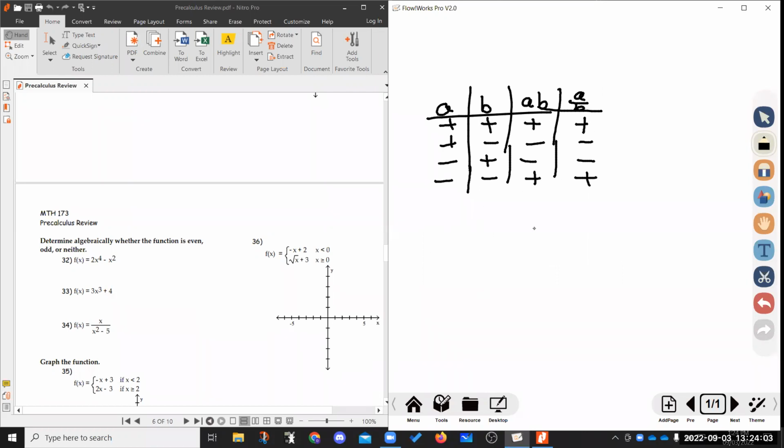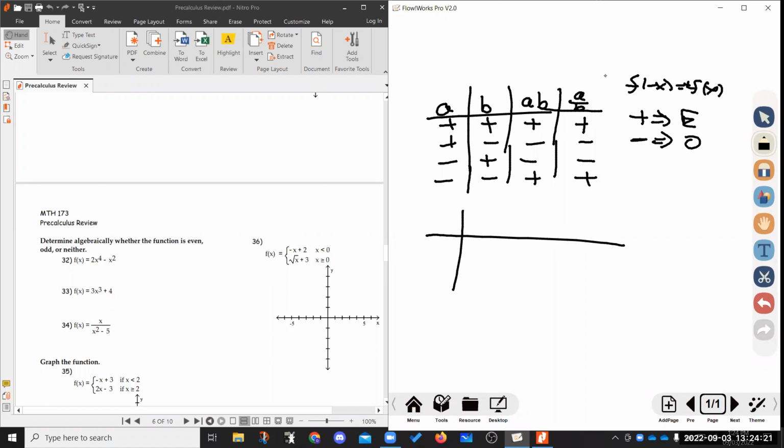Remember that? Well, replace every positive with an even and every negative with an odd, and you have a sign chart of sorts for even and odd functions, because remember, f of negative x is equal to a positive f of x in the even, and f of negative x is equal to a negative f of x in the odd. See how the signs are positive and negative there? And so all I need to care about is the sign.